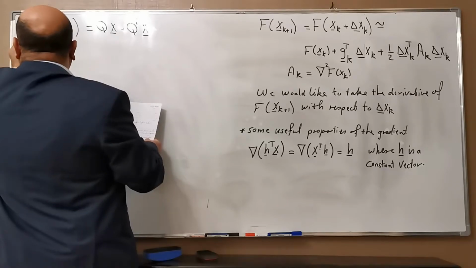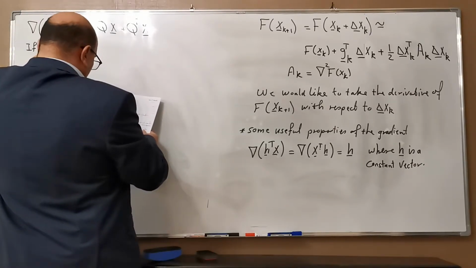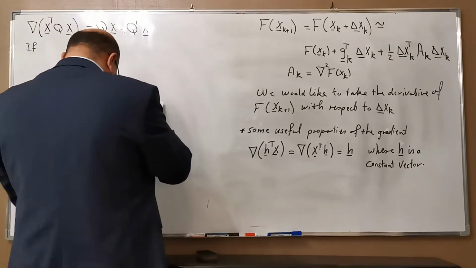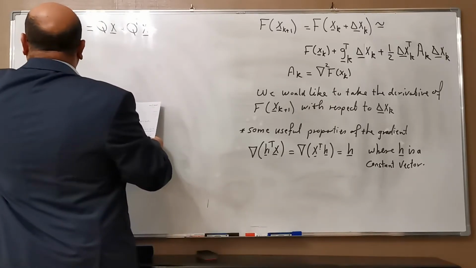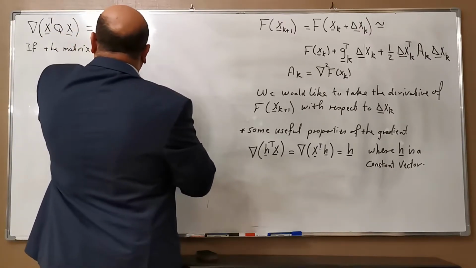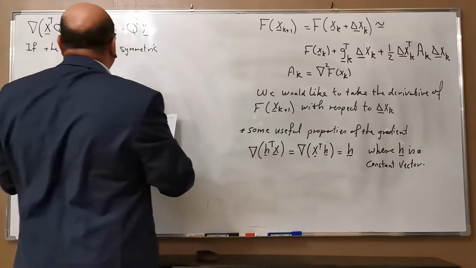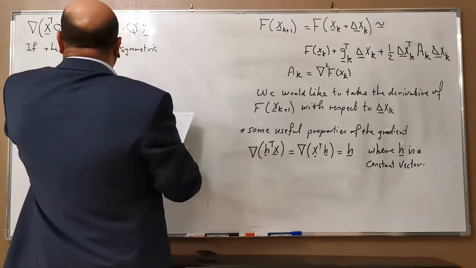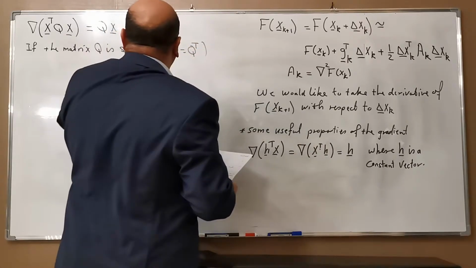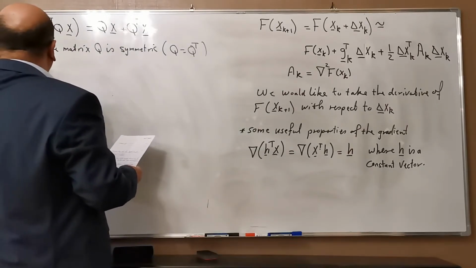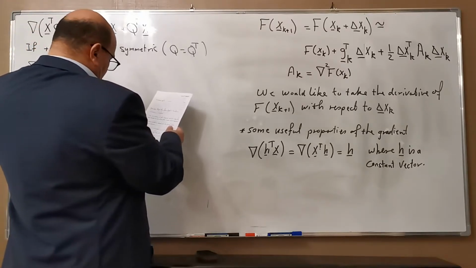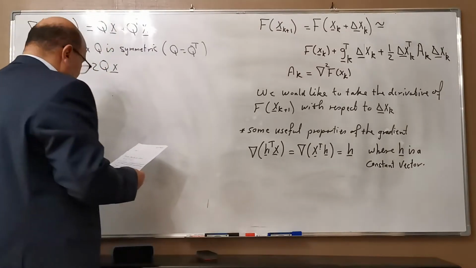If the matrix Q is symmetric, which means that Q is equal to Q transpose, then the gradient of x transpose Q x is equal to 2Qx.